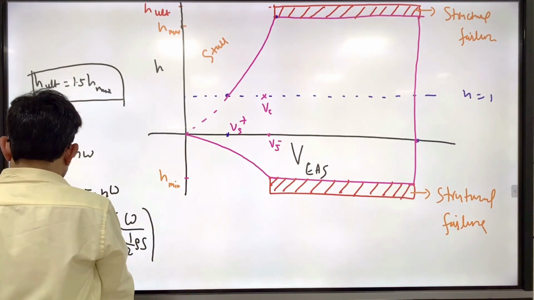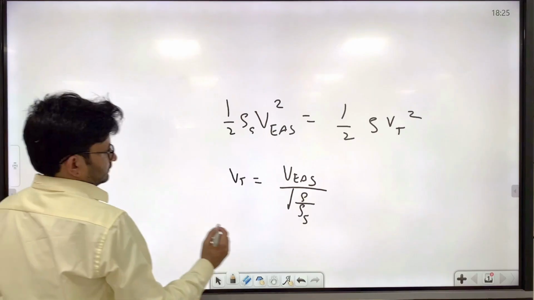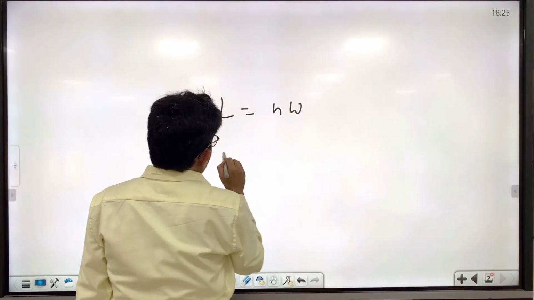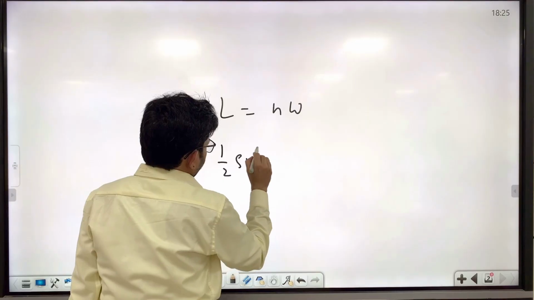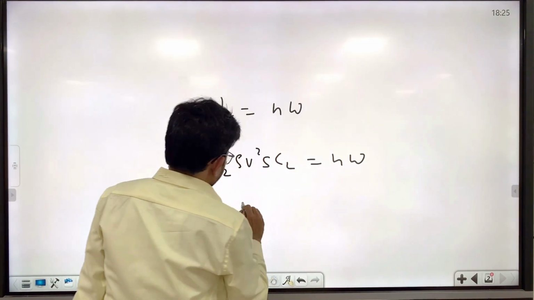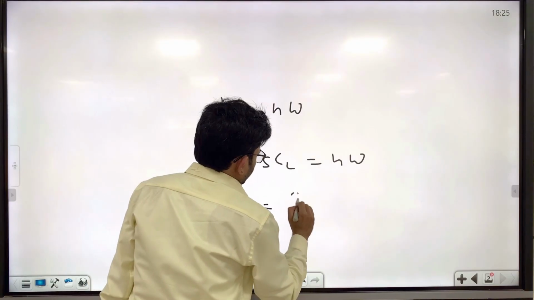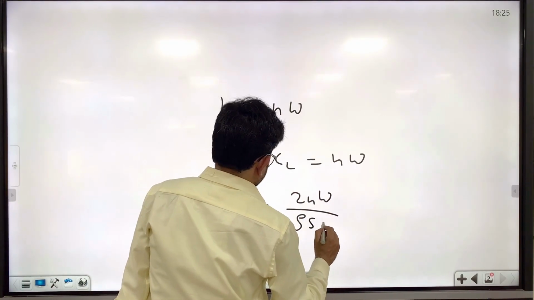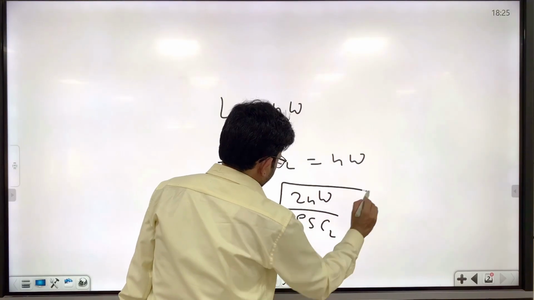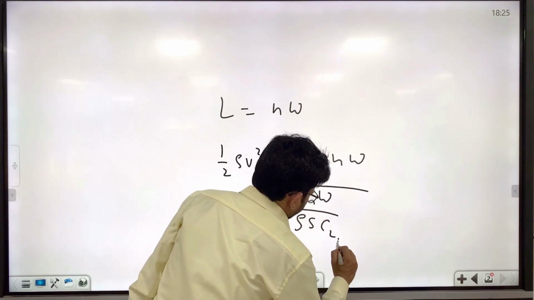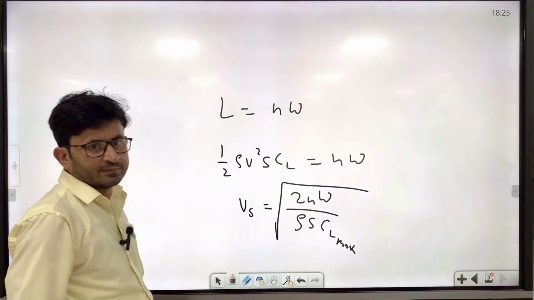But you can see here I am writing nW, right? So half rho V squared S into CL equals nW, so I can write V equal to the square root of 2nW divided by rho S CL. If I put the stall speed Vs here, you have to put CL max here.